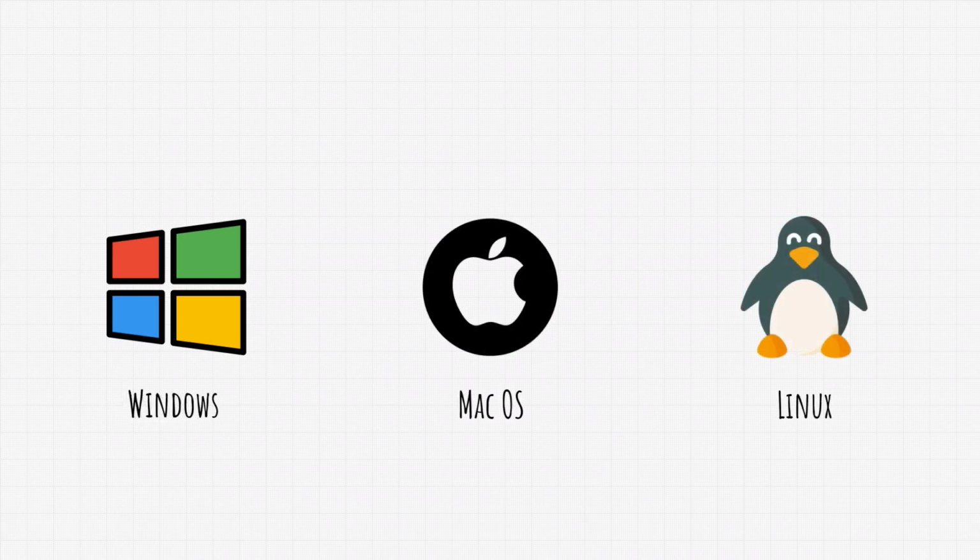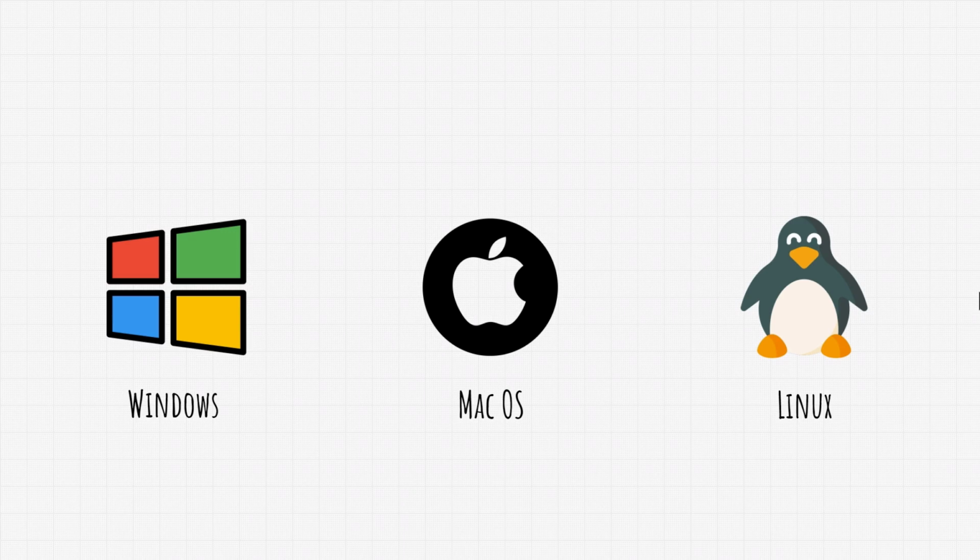All of us are running an operating system, and 99.9% of us are running one of the three main operating systems. You either have Windows, Mac OS, or Linux. Most of you will have Windows or Mac OS. I doubt anyone will be running Linux, but nonetheless, these are the three main ones.